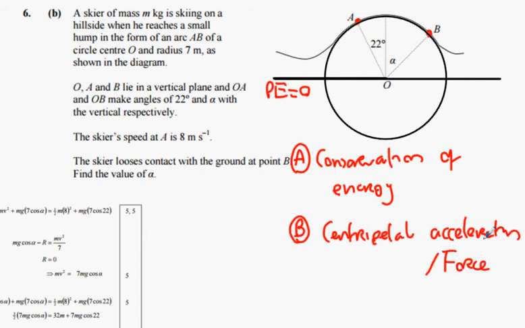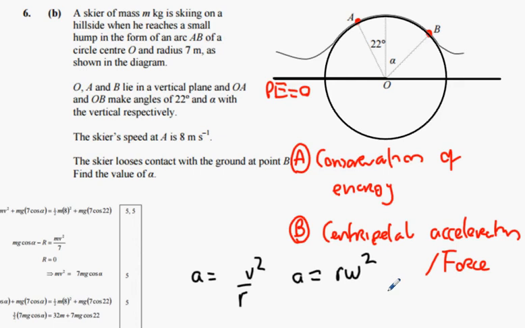Now, if we start off with centripetal acceleration, what are your 2 choices? You can have a equals v squared over r, or you can have a equals r omega squared.